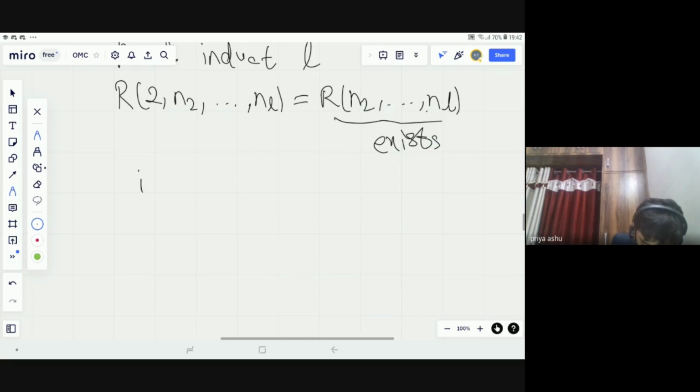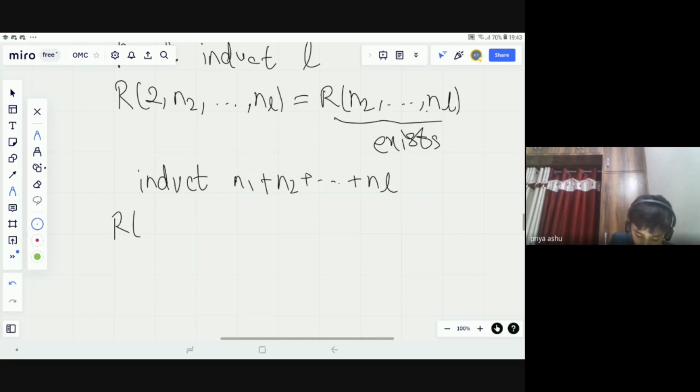Now previously we inducted on R plus B, so now we are inducting on n1 plus n2 and so on till nl.